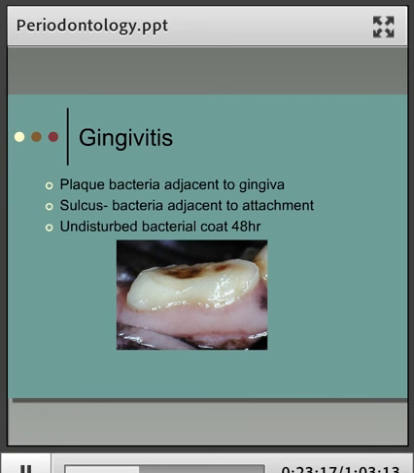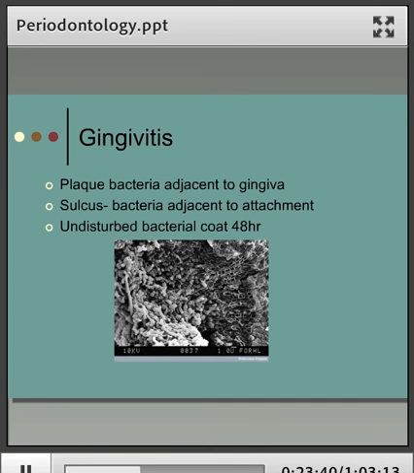So undisturbed, we start to get this build-up, and also, as you can see from this scanning electron microscope view, we start to get a honeycomb formation, which is where we've got our calculus, which is our plaque becoming mineralized. And here again you can see that we've got these weird fronds forming. And these aren't individual bacteria, they're of course bacteria that are attached to others, attached to others, attached to others.